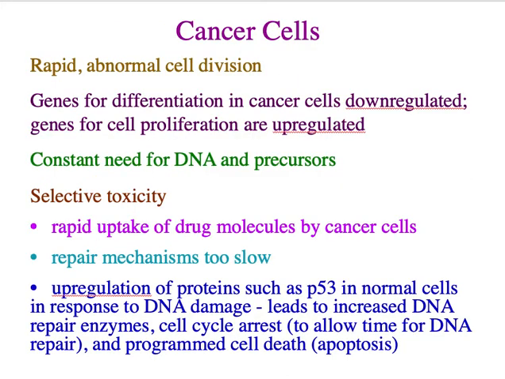So cancer cells, and we could certainly do a whole class on that, are cells that are rapidly and abnormally dividing. In cells, basically, they tend to be less differentiated. And what we mean there is that when a cell in your body becomes something like a skin cell or a bone cell, it's very differentiated, right?